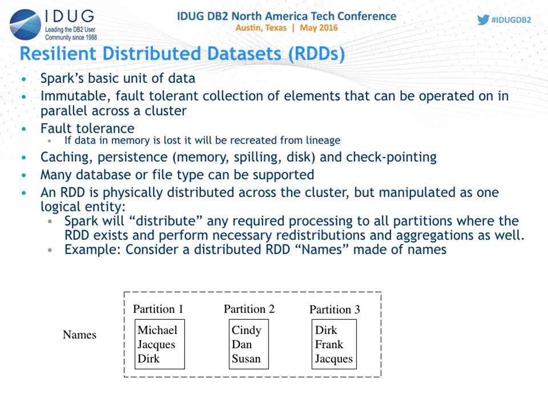An RDD is physically distributed across the cluster, but it's manipulated as one logical entity. I show you here in the diagram that we have an RDD named names, but it's actually partitioned into three RDDs in different distributed systems.